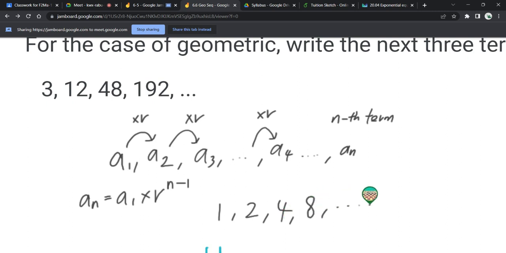This one is a geometric sequence, with the first term a1 equal to 1 and r equal to 2.